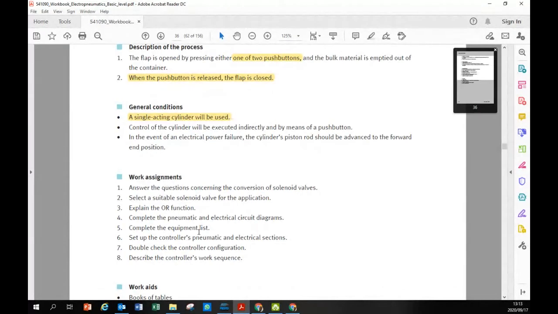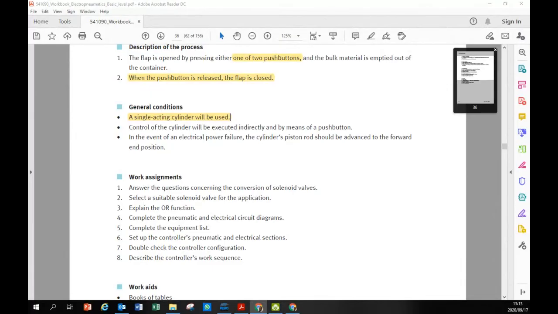Who can tell me how a single acting cylinder differs from the double acting cylinder? Who can answer us quickly with just a simple explanation? Any volunteer? Even if you write on the text, I will answer.